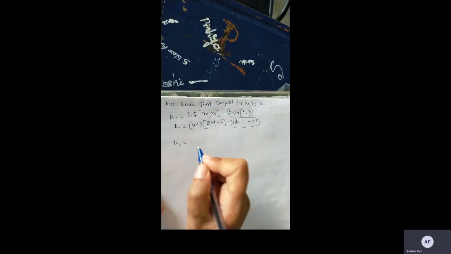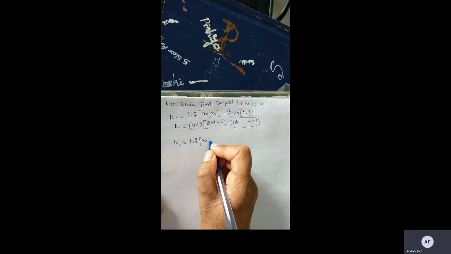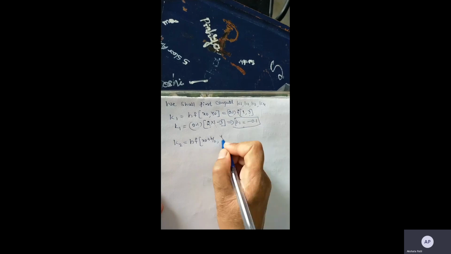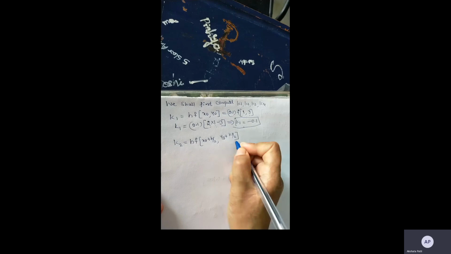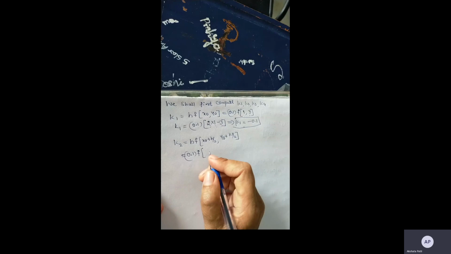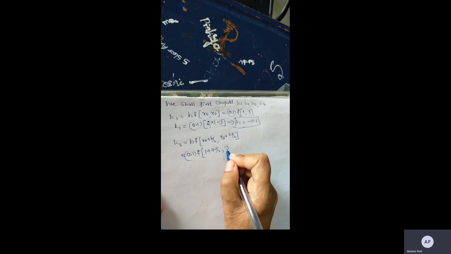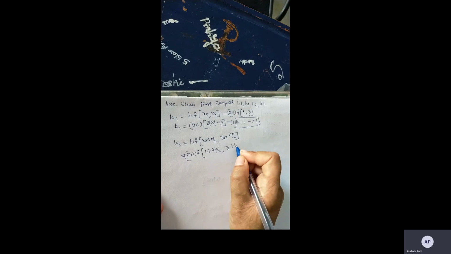Now next calculate k2. The formula is k2 equals h into function of x0 plus h by 2 comma y0 plus k1 by 2. Put the values here: h is 0.1, x0 is 1 plus 0.1 divided by 2, y0 is 3 plus k1 value minus 0.1 divided by 2.